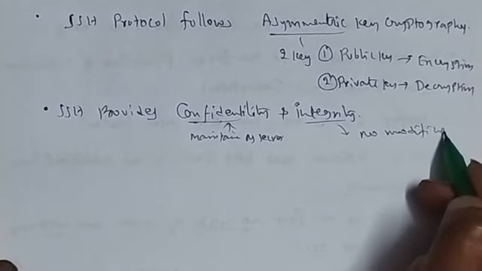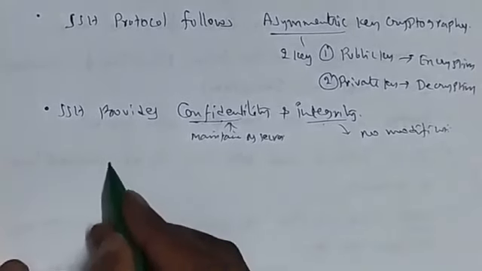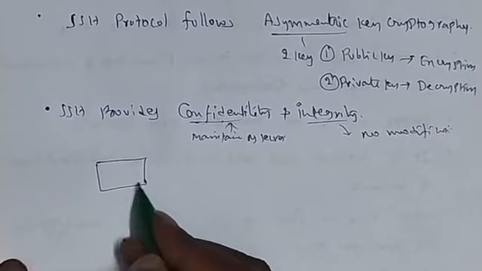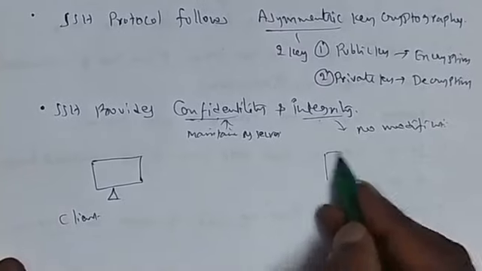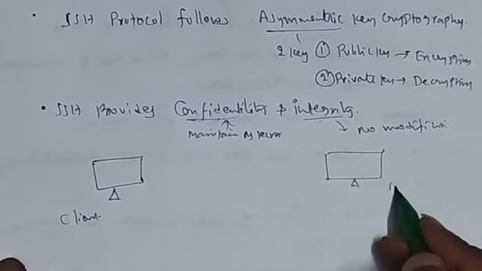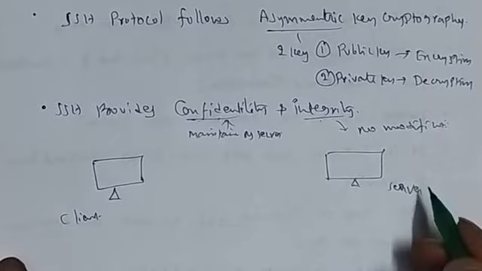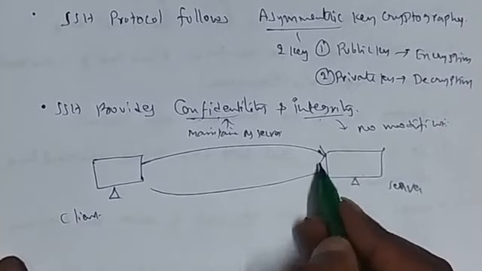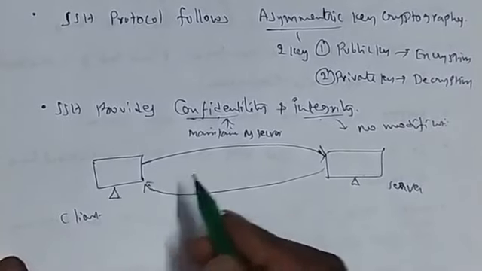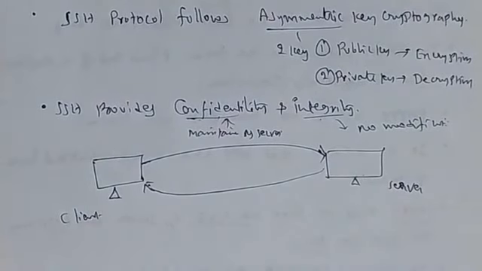Okay, here is the diagram of the client and the server. While transferring data from client to server and server to client, it will provide confidentiality as well as integrity.